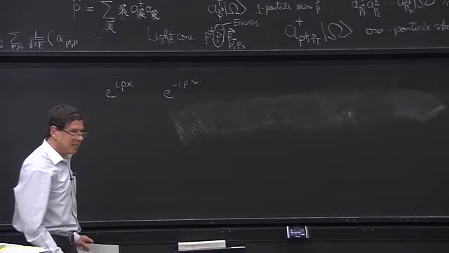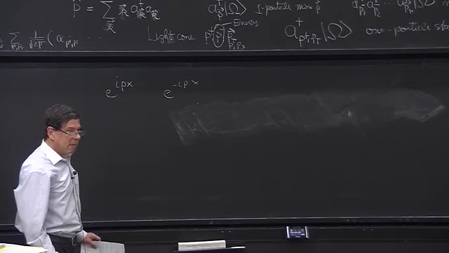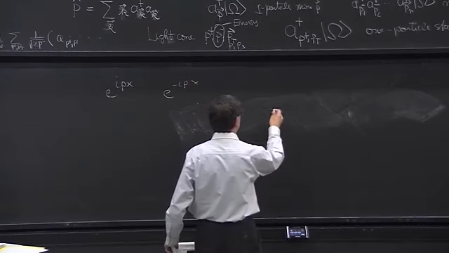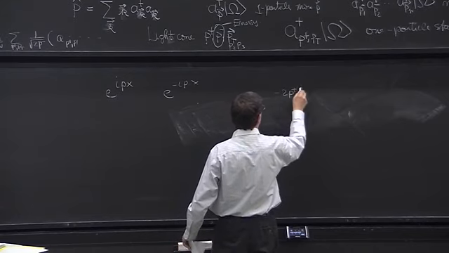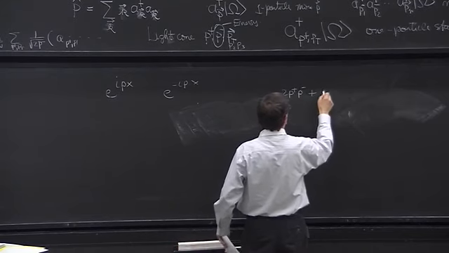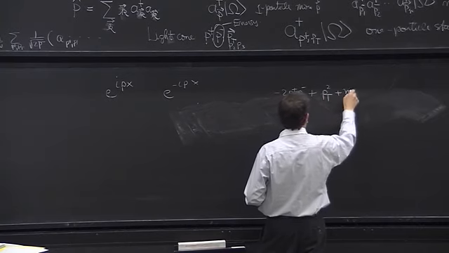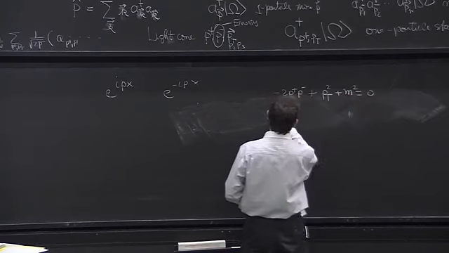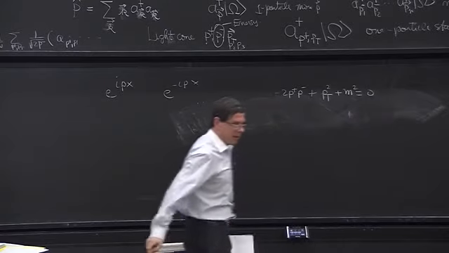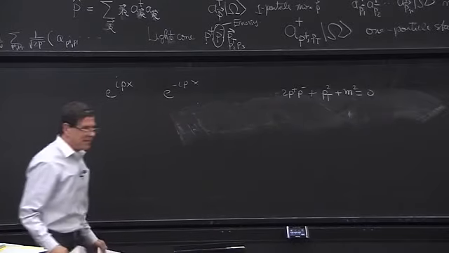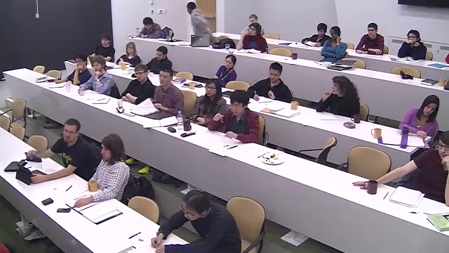The P minus is always positive. There's never a problem with P minus because you have minus 2 P plus P minus plus P transverse squared plus M squared is equal to 0. So P minus is always positive. But here you include P plus and P minus.